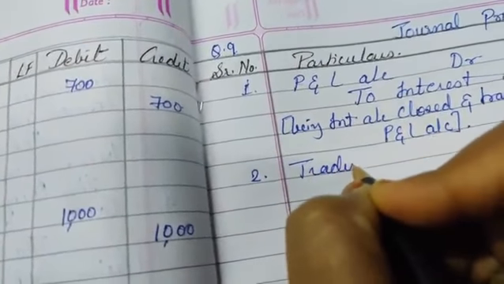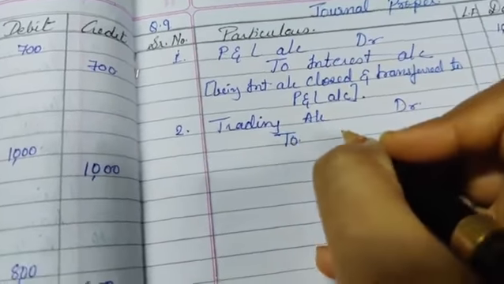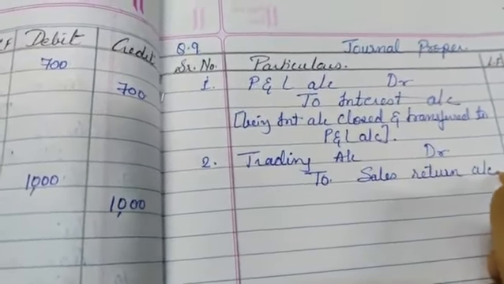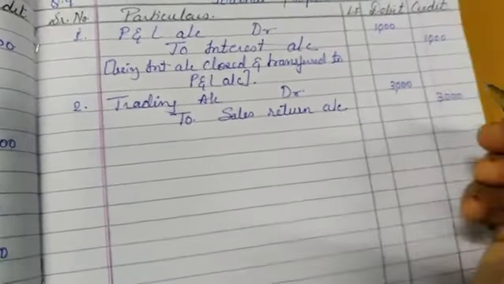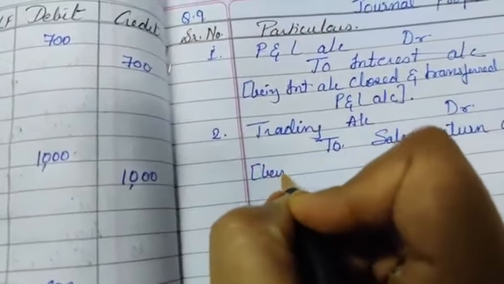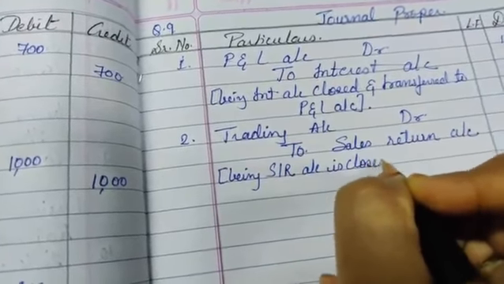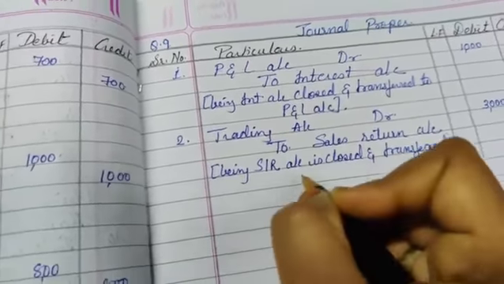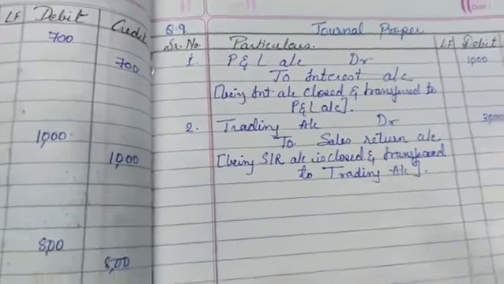The entry will be like this: trading account debited to sales return account. Then the amount is 3000, here also 3000. Fine. Narration: being sales return account is closed and transferred to trading account. Fine, this will be your narration.